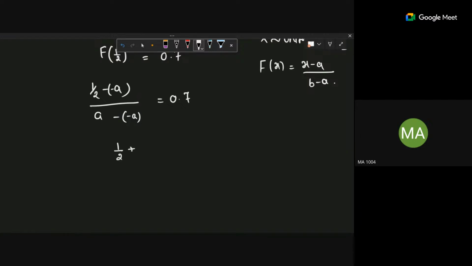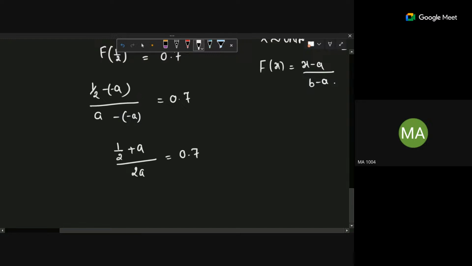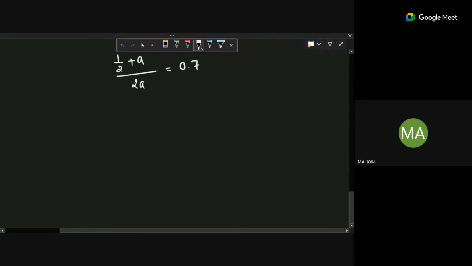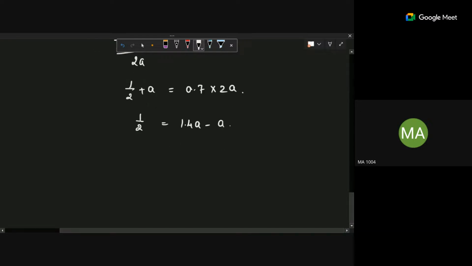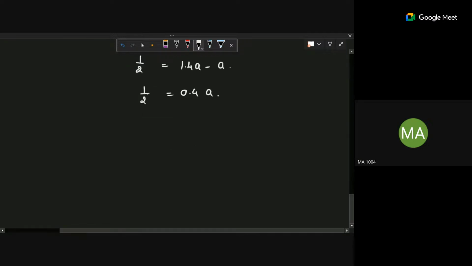So (1 by 2 plus a) upon twice a is equal to 0.7. Now just solve it. What value are you getting there? 1 by 2 plus a is 0.7 times twice a. So 1 by 2 is equal to 1.4a minus a. Okay, so this is nothing but 1 by 2 equals 0.4 times a.